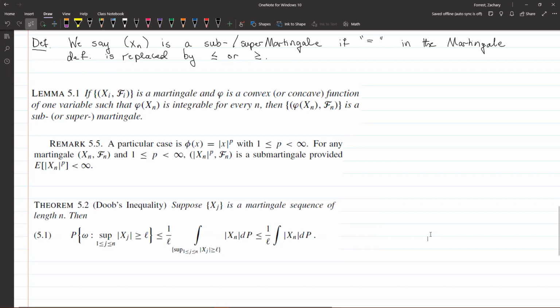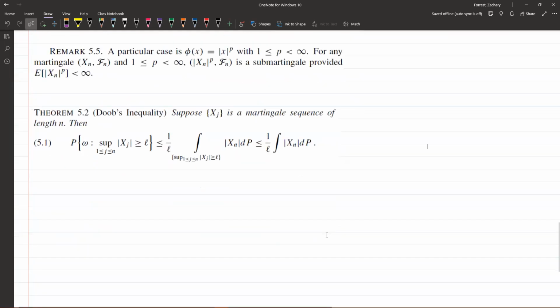Suppose that we have a martingale sequence of length n, then the probability of the set where the supremum of the X_j random variables is greater than or equal to some value L is less than or equal to 1 over L, the integral of the absolute value of X_n over the set, or in other words, you can just make it easy and say less than or equal to 1 over L, the integral of the absolute value of X_n. I hinted at how this was proved last time. I'm going to prove it this time. It's pretty easy.